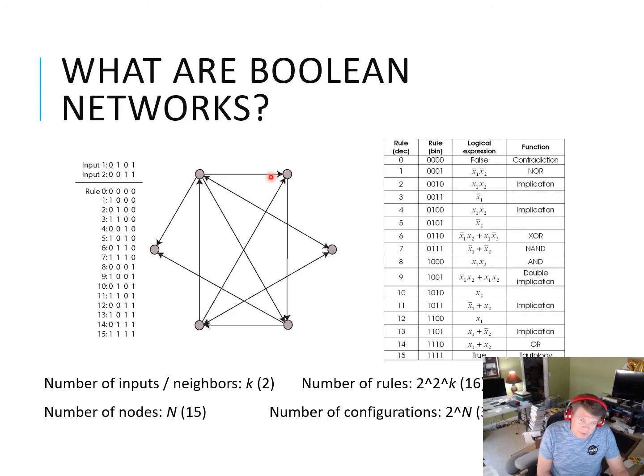And if we have 15 nodes, for example, we can see here that we would have 32,768 different configurations that this network could be in. And as you can see, it's 2 to the power of n. So the size of this space grows very, very fast indeed.